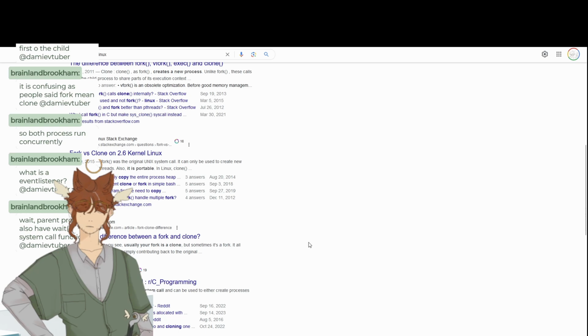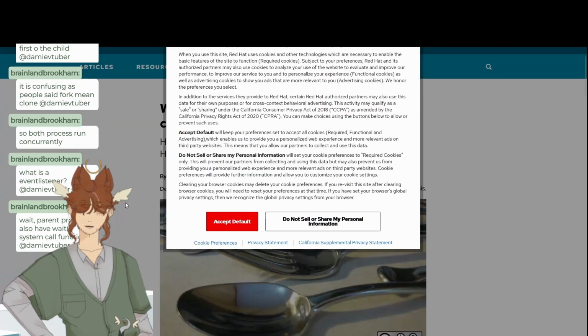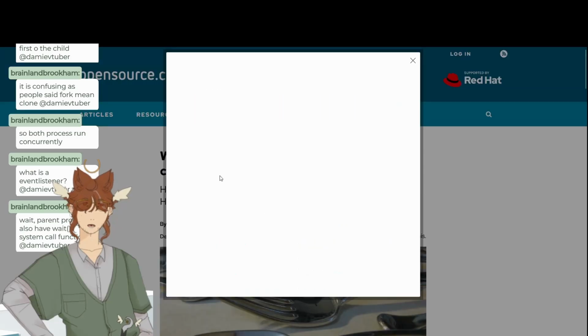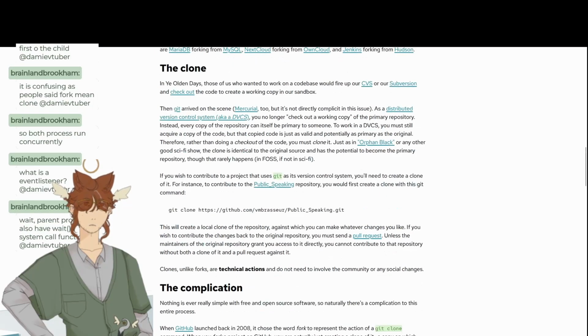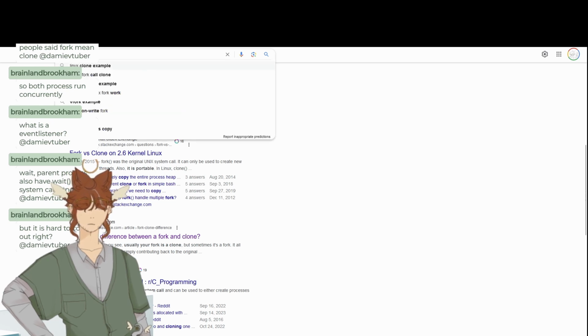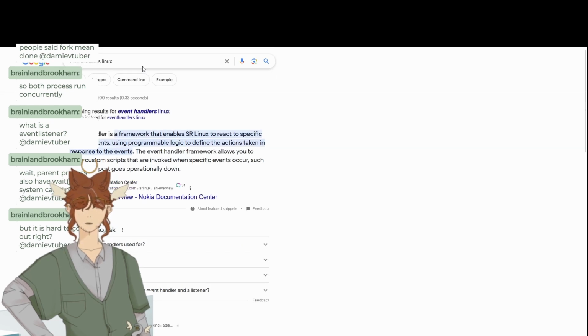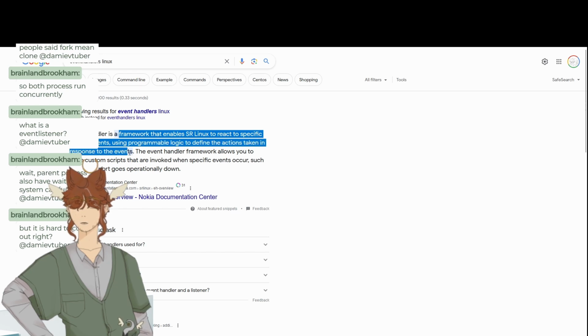Here, maybe this. Fork versus clone versus... The fork, the clone. Wait, this is GitHub still. But it is hard to code it out, right? Well, I would just look up Linux event handlers. So it's a framework that enables SR Linux to react to specific system events using logic to define the actions taken in response to the events.